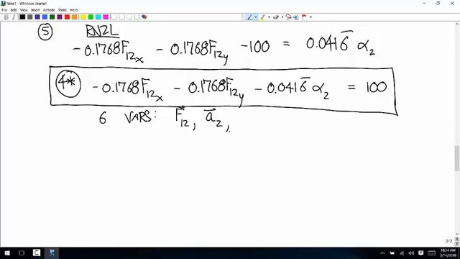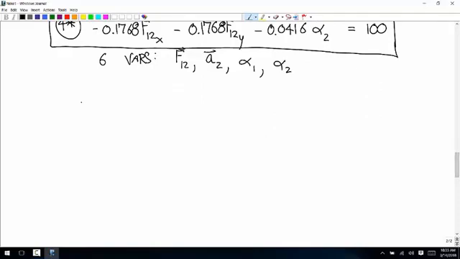They're all connected right now. Alpha 1 and alpha 2. 2, 4, 5, 6. So we have 4 equations, 6 variables. That means we need 2 constraint equations.